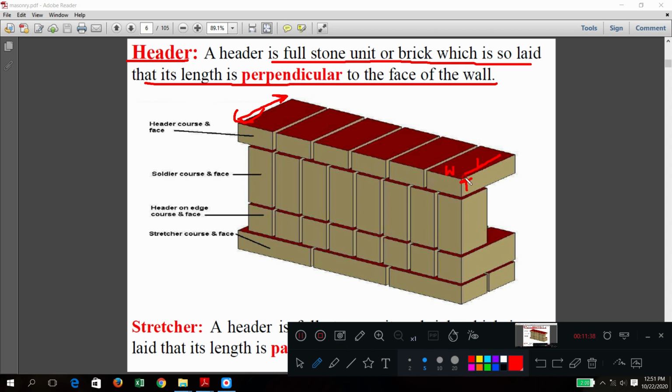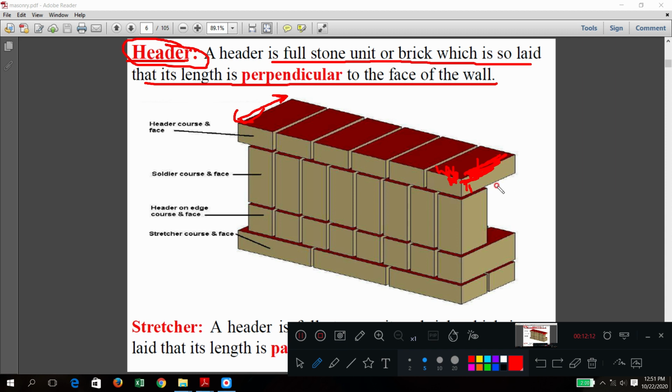If this brick is called a header brick, header stone or header unit, when do we call it a header? When the brick is kept in such a way that its length is placed perpendicular to the face, such that its width and thickness are seen, then it is called a header.